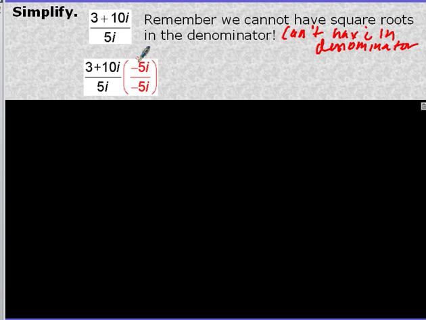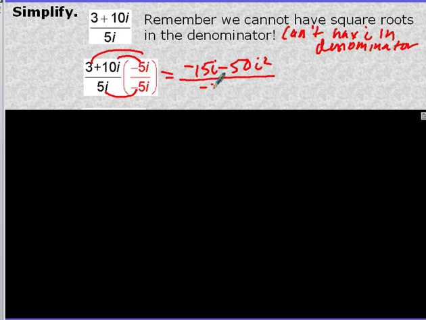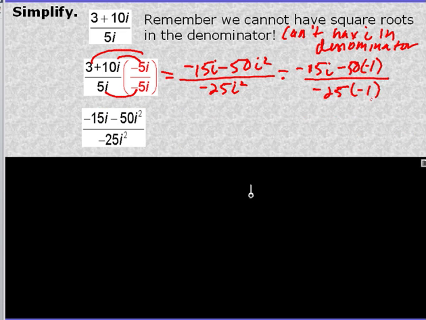So we distribute this and we multiply this. This is going to be negative 15i minus 50i squared all over, and this becomes negative 25i squared. We replace our i squareds with negative 1, so negative 15i minus 50 times negative 1 over negative 25 times negative 1.